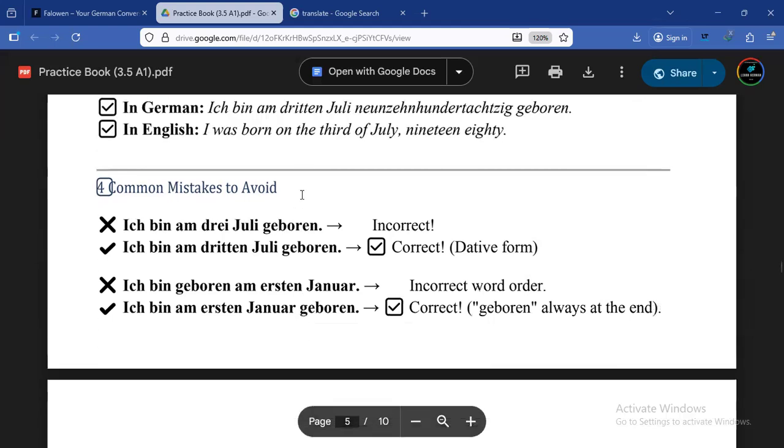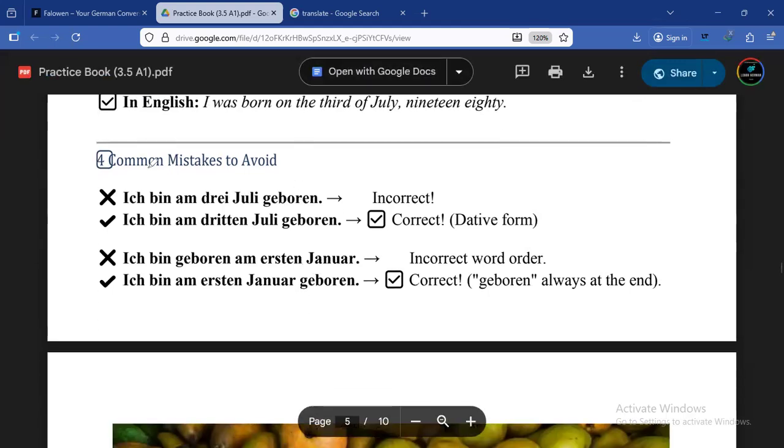Some of the basic mistakes that some of you will make is you are going to say ich bin dritte Juli geboren, without adding the N to it for it to be ordinal. The correct answer is going to be ich bin am dritten Juli geboren. And some of you will also put the time at the last end, which is going to be ich bin geboren am 1. Januar, instead of ich bin am 1.